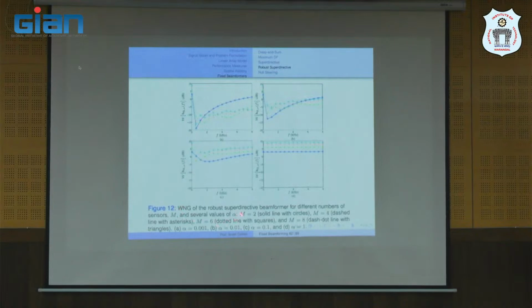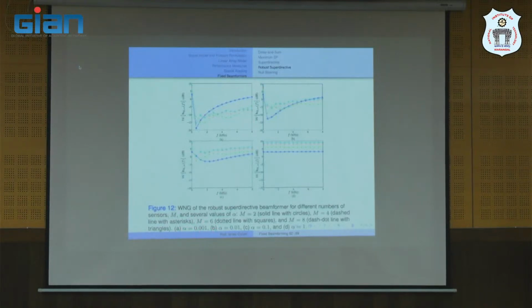So the blue one is with 2 sensors, then 4 sensors, the green. The red is with 6 sensors, and the light blue is with 8 sensors. So this is the white noise gain for different values of alpha. So alpha is between 0 and 1.